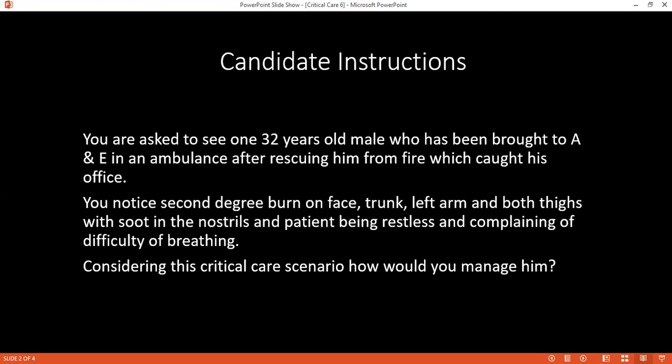This may lead to burn shock, inhalation injury, sequelae of inhalation injury, and it may develop into acute kidney injury. Sepsis may develop, and if there is circumferential burn injury, it may cause acute compartment syndrome.